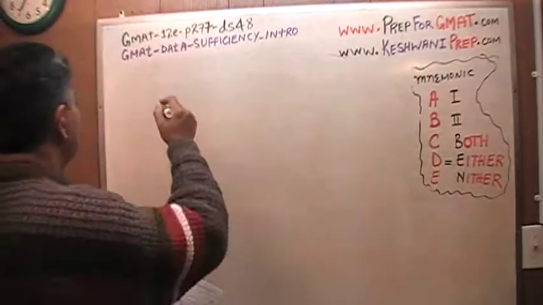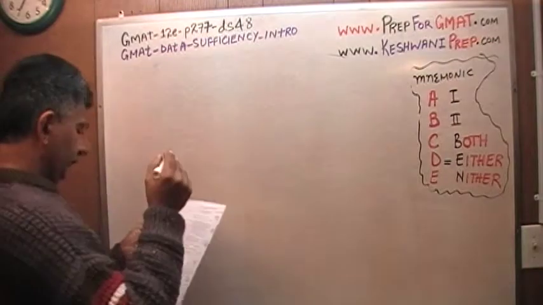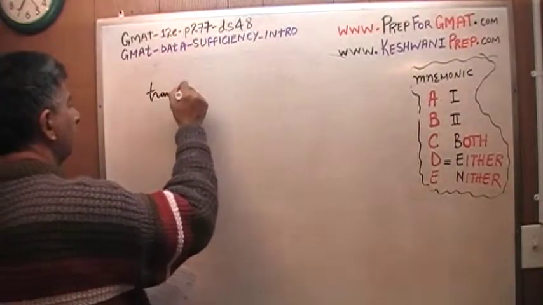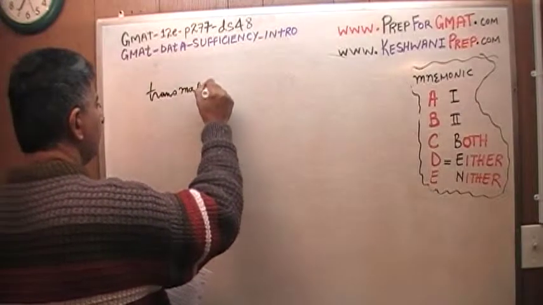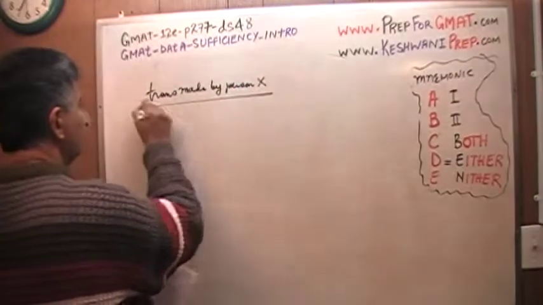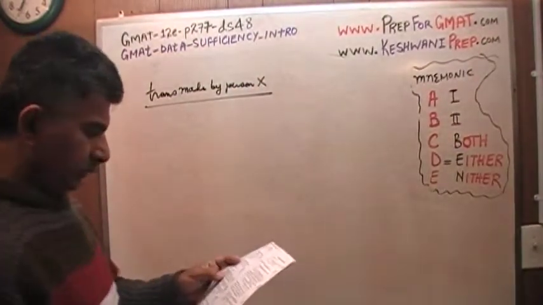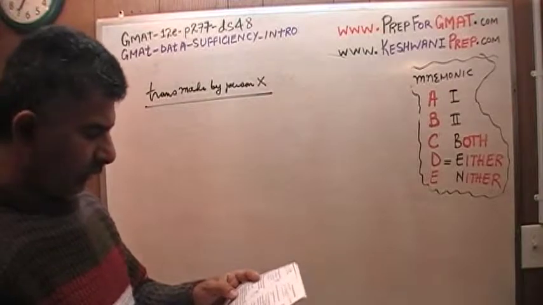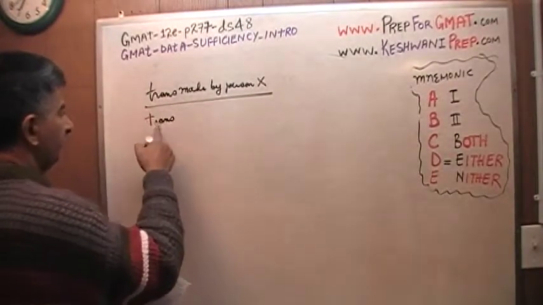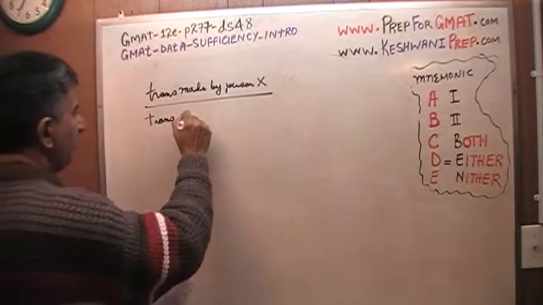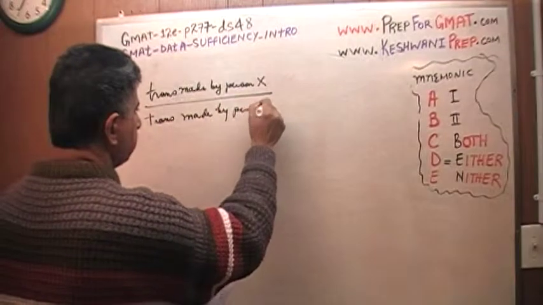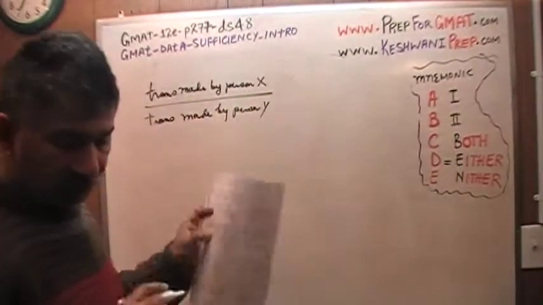All right. So, number of sales transactions made by person X to the number of sales transactions, I'm just calling it trans, made by person Y. That's the ratio they're looking for.